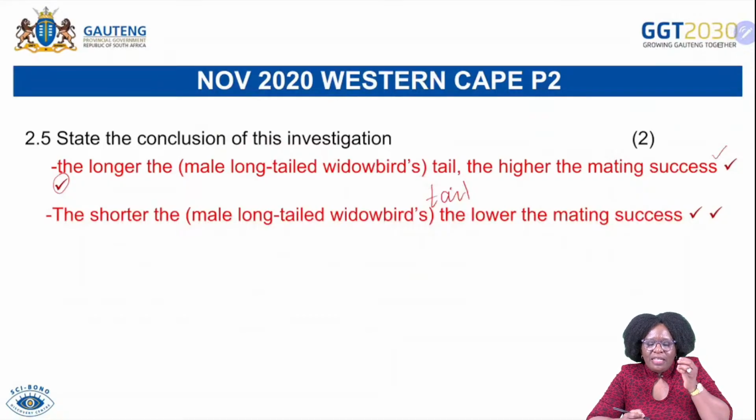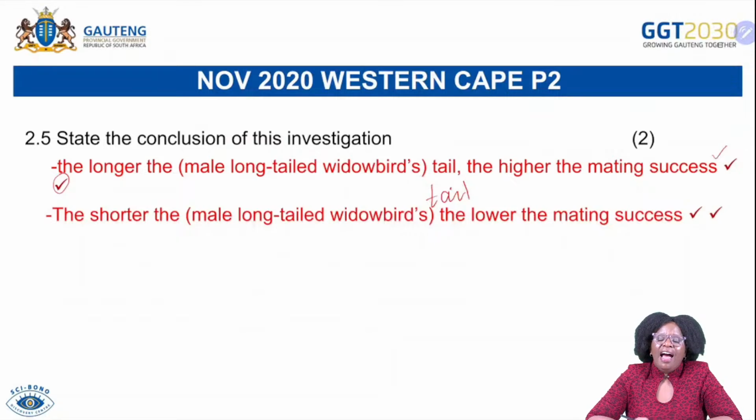The farmer's aim was to establish that the long-tailed widowbird males, when they have got their long tails, then the success of the mating is higher. That's what you start looking at, all those different things, and in that way you have answered your scientific question. Remember, 20% is there.